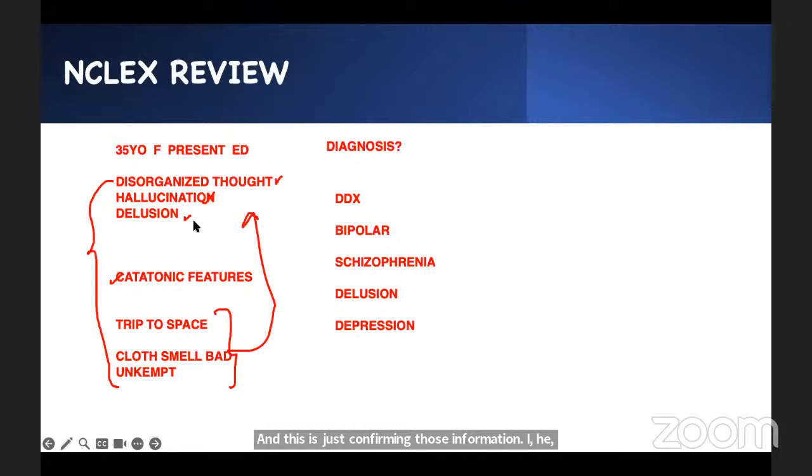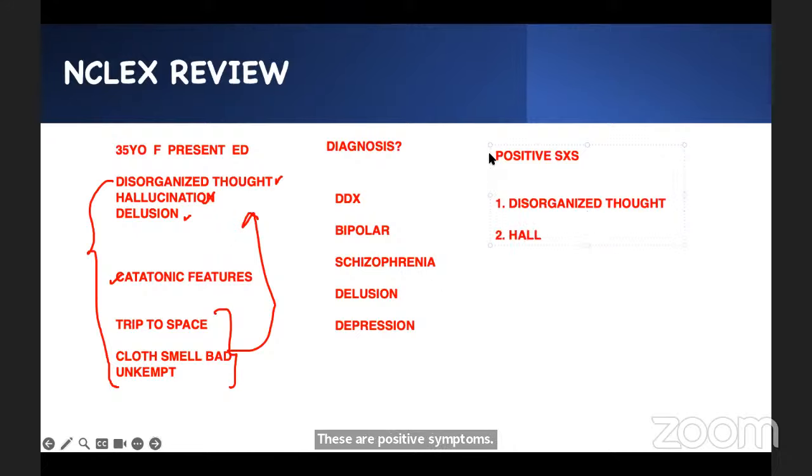These are what kind of symptoms, right? These are symptoms we call positive symptoms, consistent with schizophrenia. So if I give you a question and say, which of these are positive symptoms, you know that disorganized thought is one of them. Hallucination is one of them. And delusion is the third.